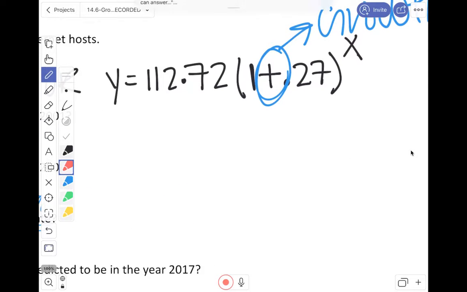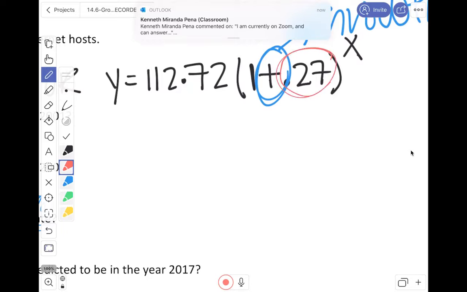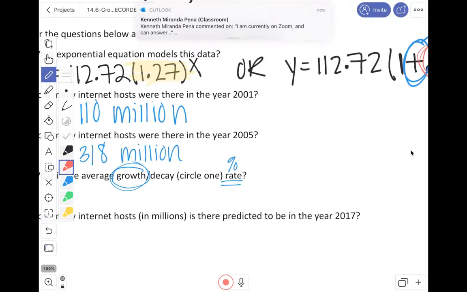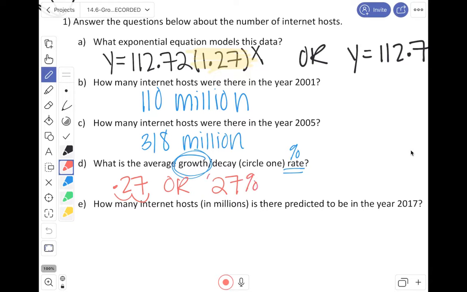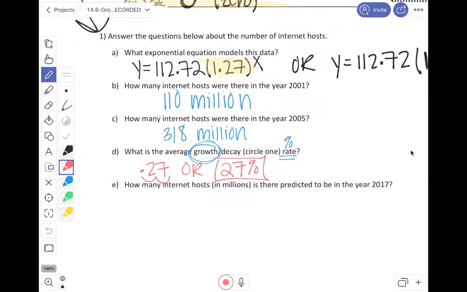Well, this right here is my rate, 0.27. In order to change it into a percent, I just move my decimal place back over, or 27%, which I prefer this form rather than the other form. But I won't count off.